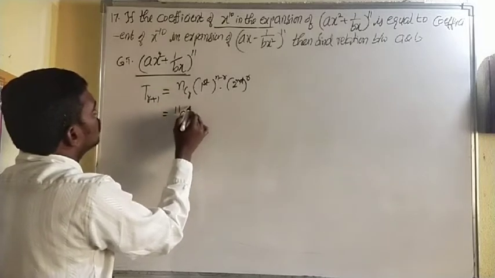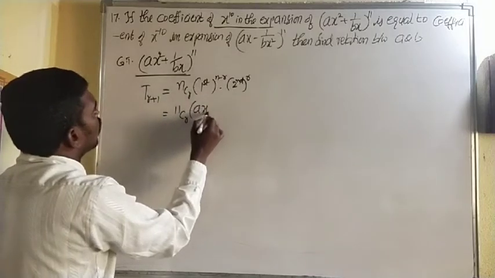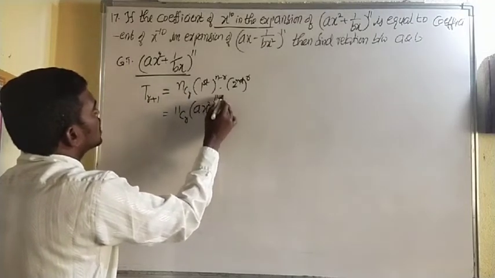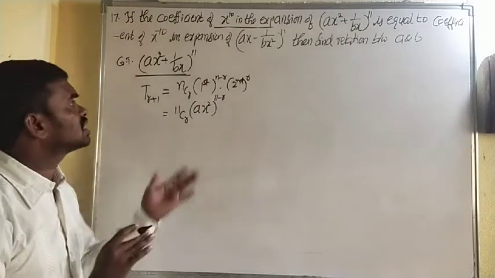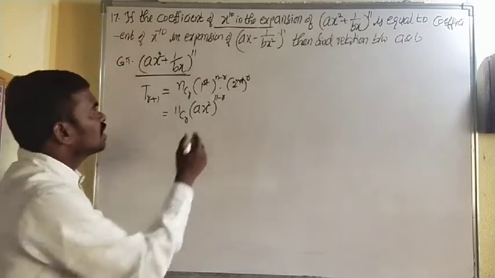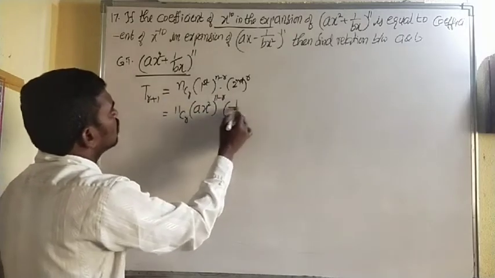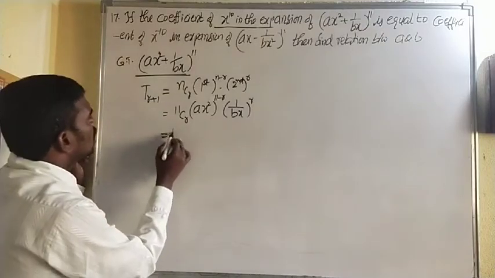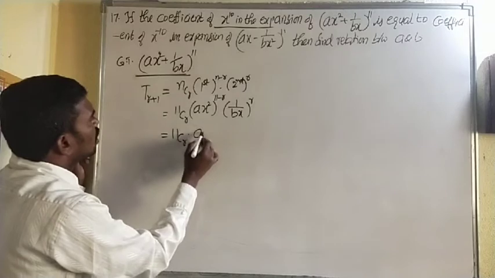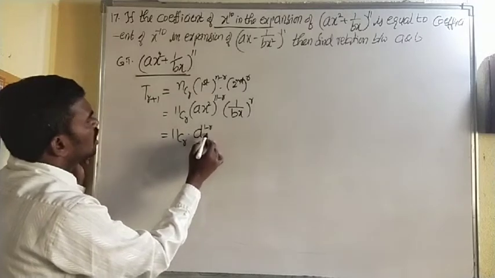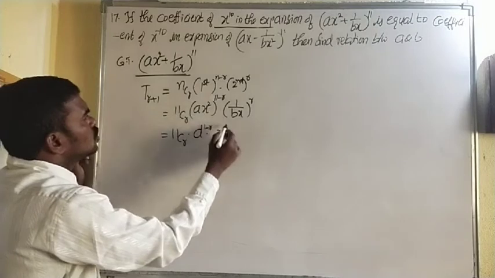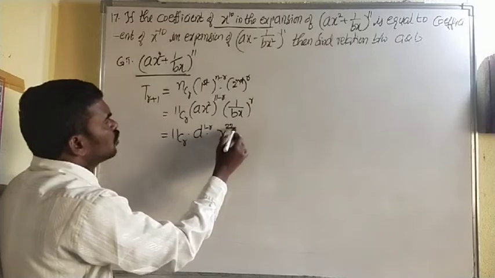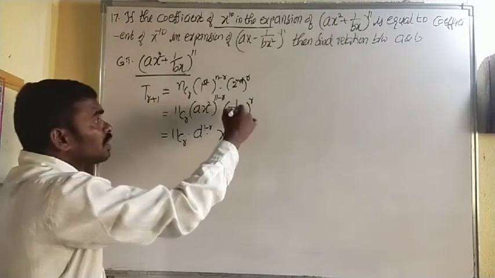So 11Cr into the first term (ax^2) to the power n minus r, which is 11 minus r, into the second term (1/(bx)) to the power r. Which is 11Cr a^(11-r) x^(2(11-r)), so 2 into 11 minus r means 22 minus 2r, into 1/(bx)^r.